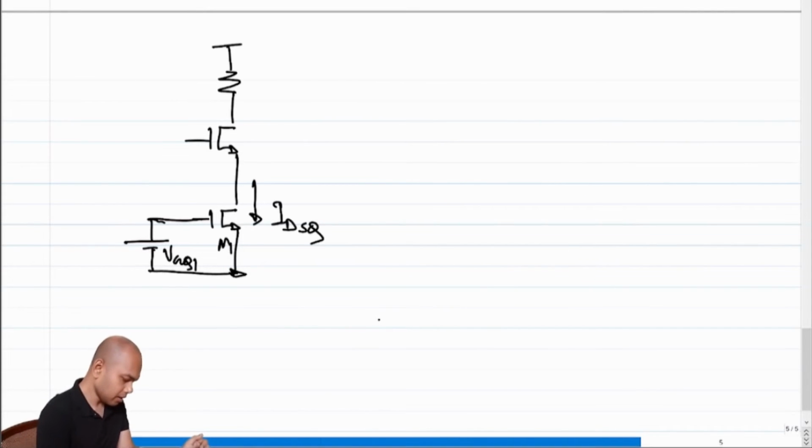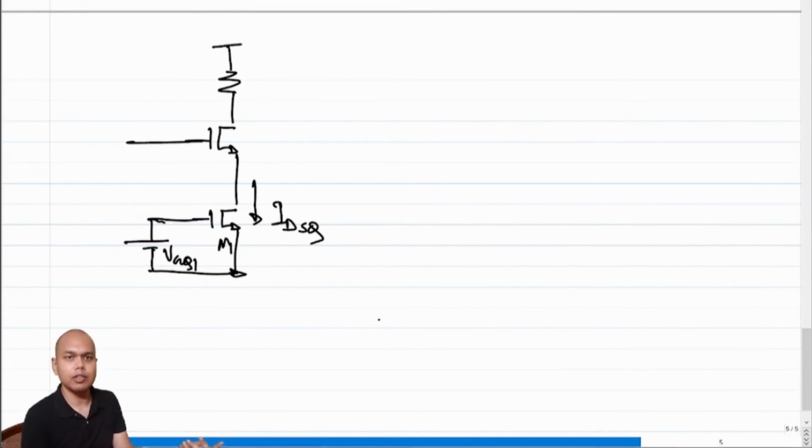So now, can you tell me what is the minimum voltage that is required to keep M1 in saturation at this node?